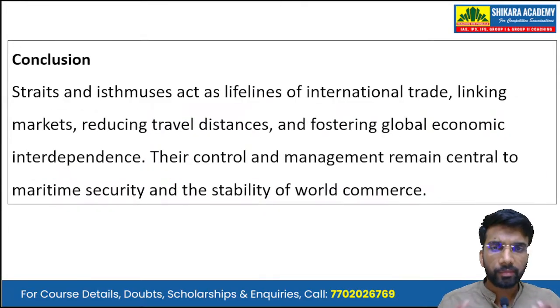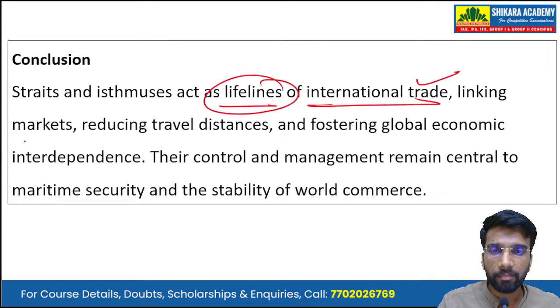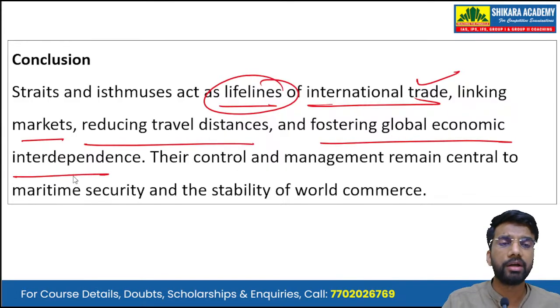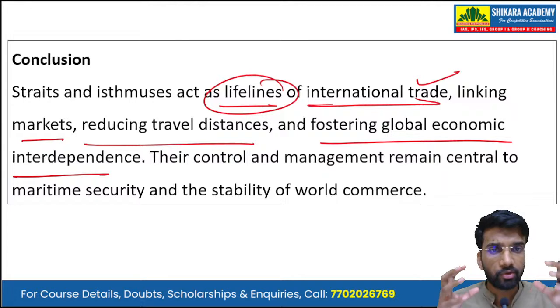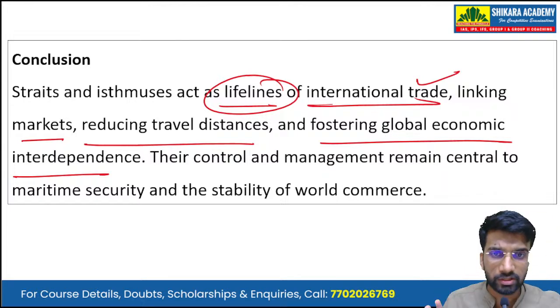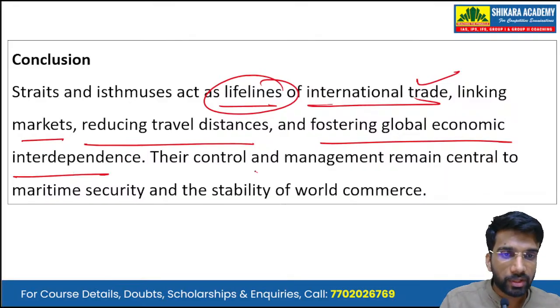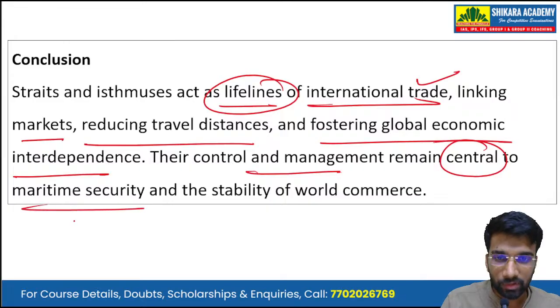So in conclusion, we can summarize the answer by writing that straits and isthmuses act as the lifelines of international trade, linking markets, reducing travel distances, and fostering global economic interdependence. Okay, so they make the global trade interdependent. The control of straits and isthmuses, their control and management, remain central to maritime security.